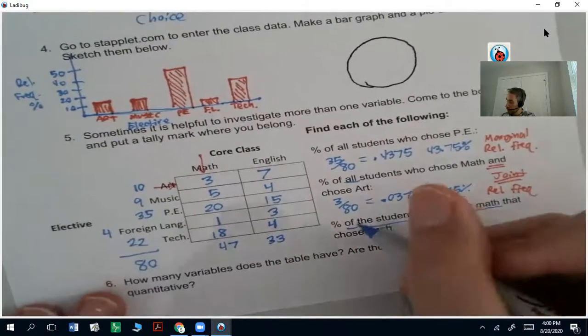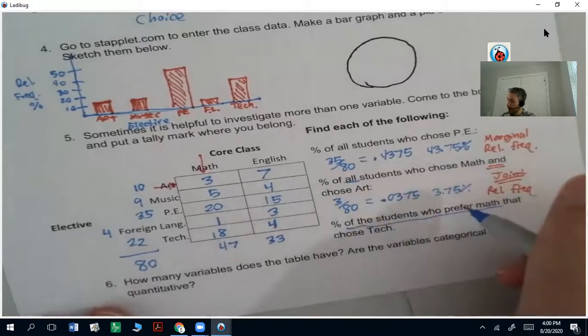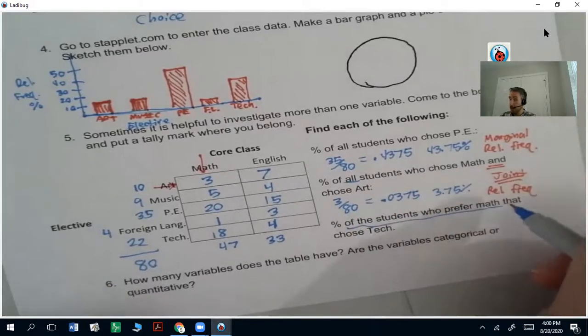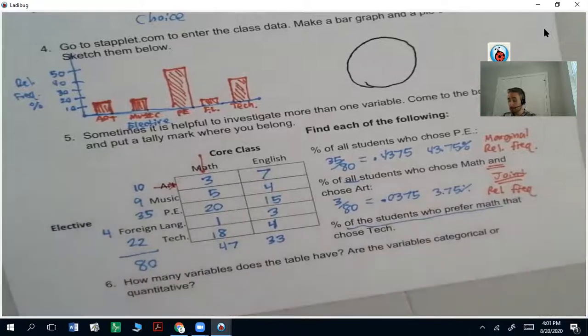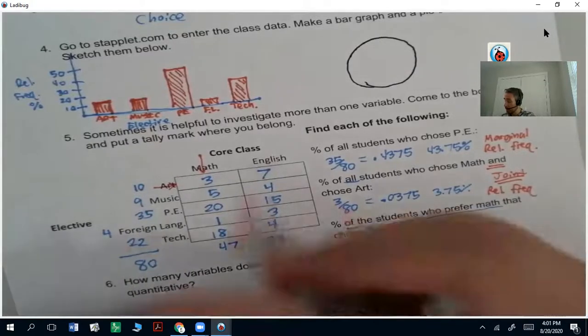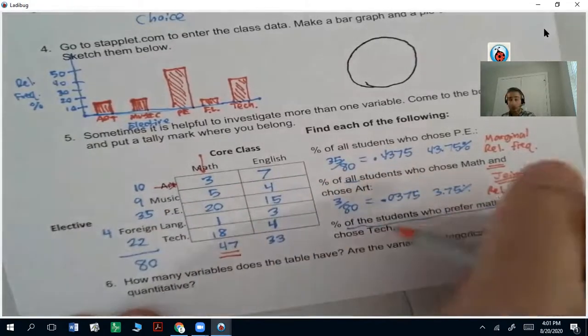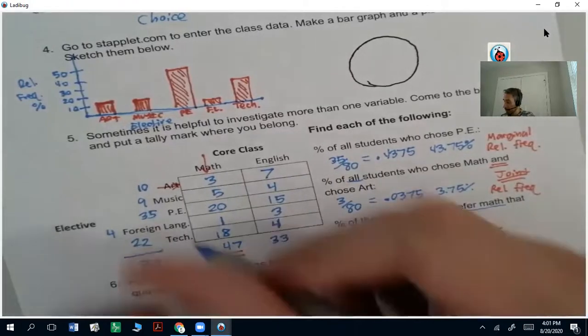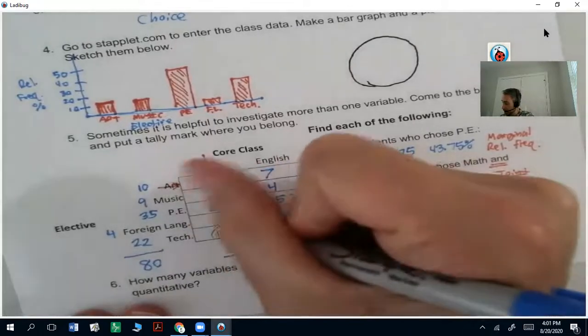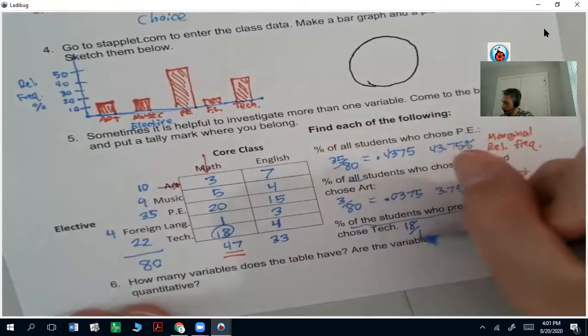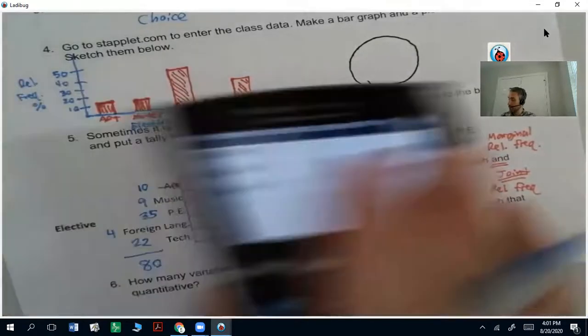So the last question, percent of the students who prefer math that chose technology. I want to think about, just out of the math ones, what percent chose technology. That's going to be 18 out of 47. It's a pretty big chunk out of that group.